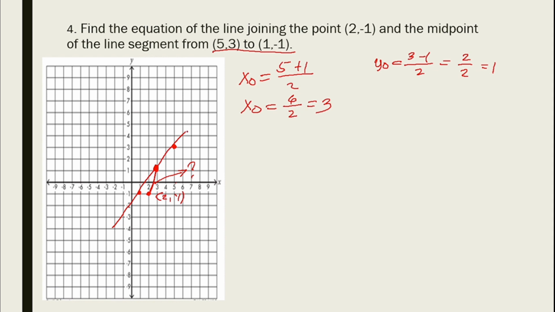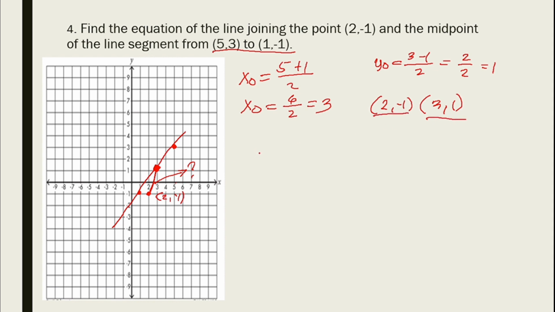So therefore, 3, 1 is the midpoint. So we have the point and the midpoint, which is 3 and 1. Now, find the equation of this line.